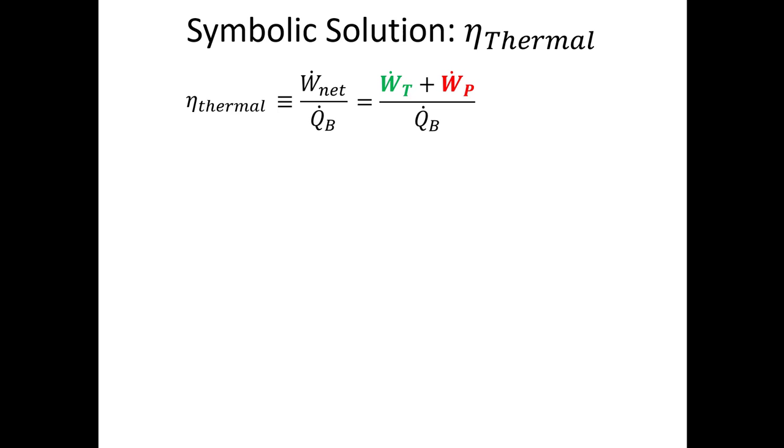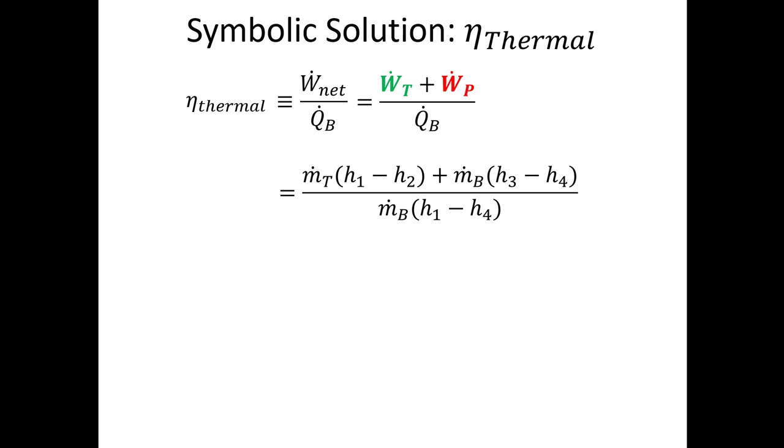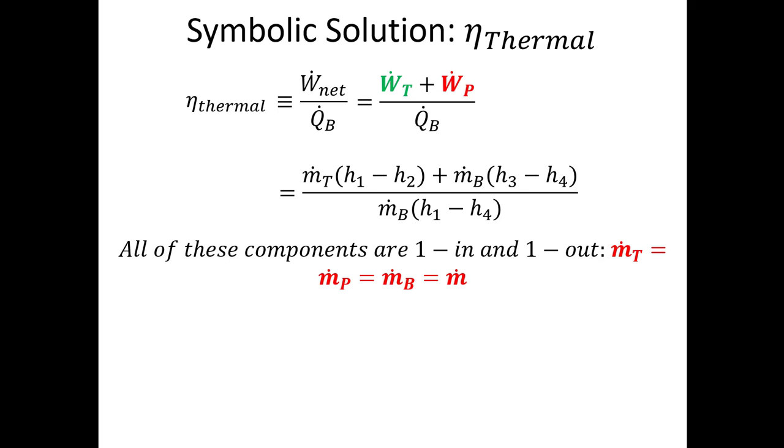So now I can take the symbolic solution that I had before and add these equations that give me a more specific definition of what those powers and heat additions are. Now, the nice thing about this particular Rankine cycle is that the mass flow rate doesn't split anywhere, so all the mass flow rates will drop out because there's a mass flow rate in all the terms in the denominator and also all the terms in the numerator.